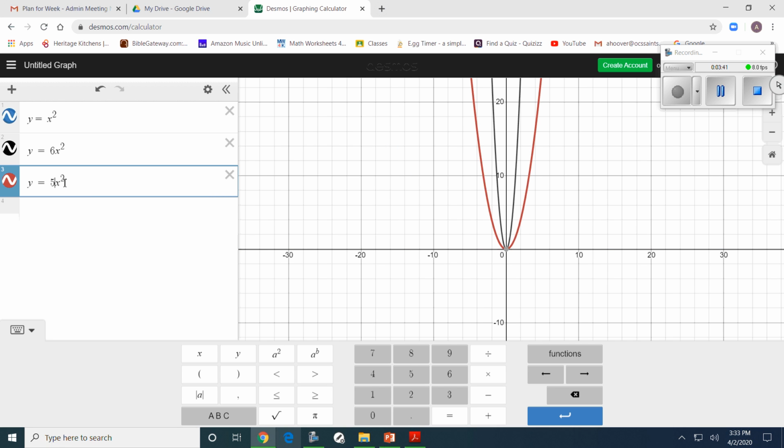You could go crazy and type in like 50, and you can see how narrow that is with the red right there. You could do a very, very small number, 0.007. Look how wide the parabola is. So the a term, or the coefficient in front of the x squared term, determines the width of the parabola.